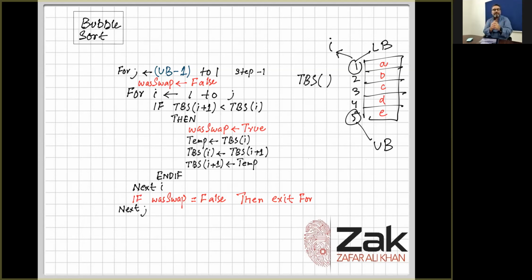So when the inside loop works once completely, the highest value comes down, so we don't have to check the array fully. So we start off from the upper bound minus 1 position because we know that the upper bound's position will have the highest value in it, and then we go further because the highest value does not need to be checked again.